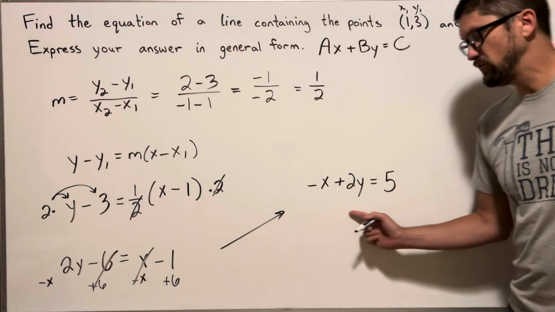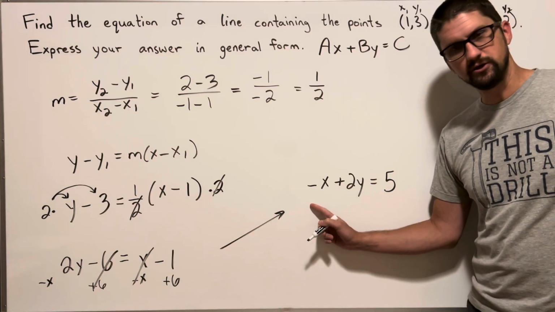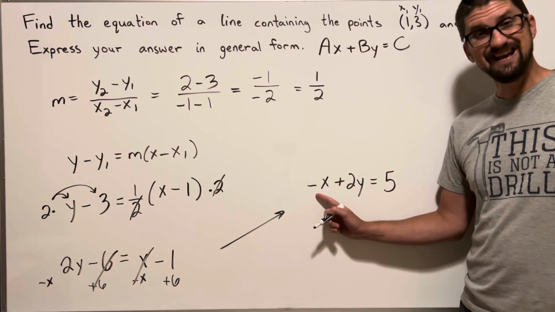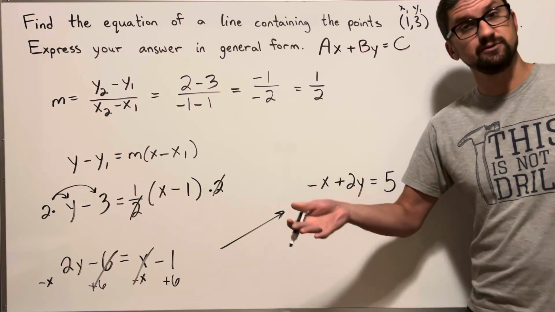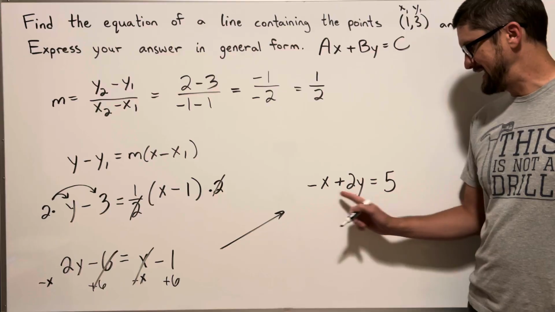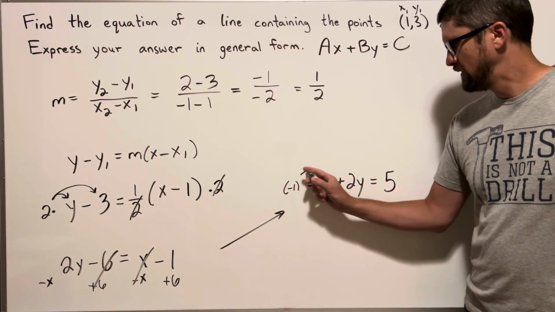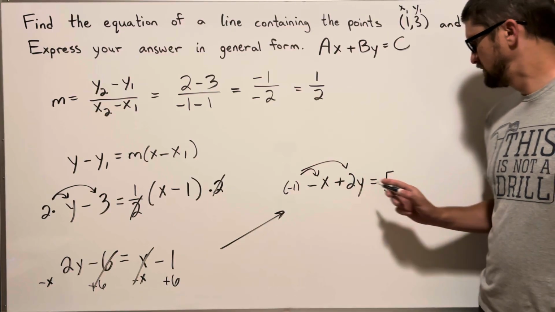Now, it's in general form, but typically the leading coefficient here on the x term usually needs to be positive. And we can make this positive by multiplying both sides by -1.